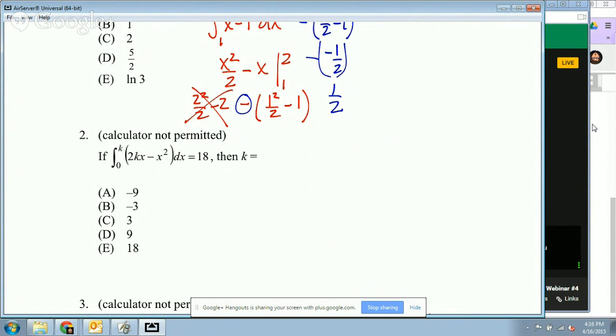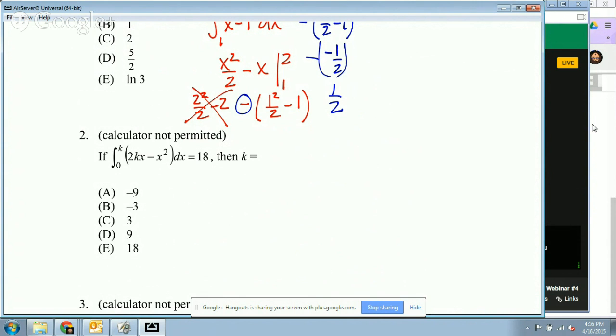So one of the things that I would love for you to try when you're doing these problems on the AP test is, even if you're not sure what to do, try something out anyway. So maybe I'm thinking to myself, okay, I could take an antiderivative, so maybe I'll just try it. Remember that k is a number.